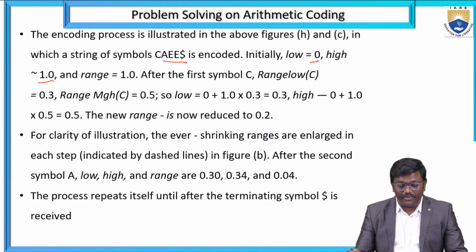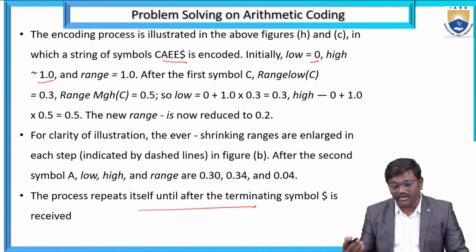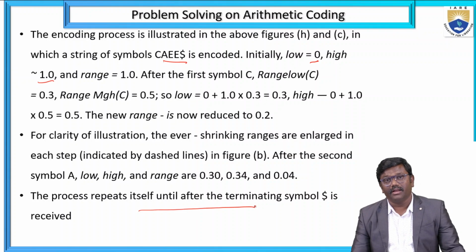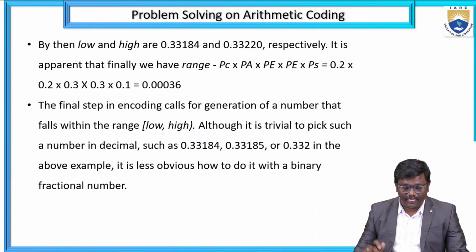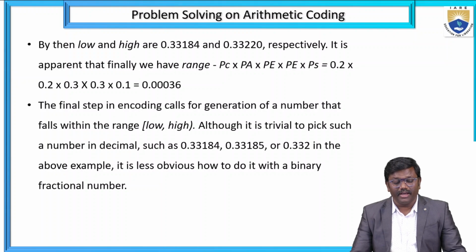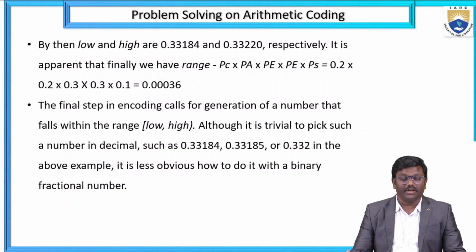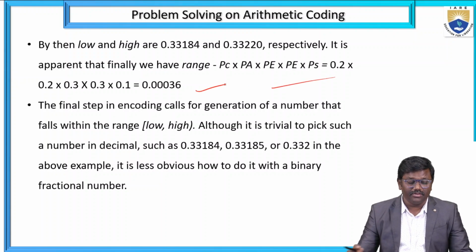The process repeats itself until, after terminating, the symbol dollar is received. Then the low and high are 0.33184 as low and 0.33220 as high respectively. It is apparent that we finally have the range from PC, PA, PE, PE, PS, and then we'll get your required value.